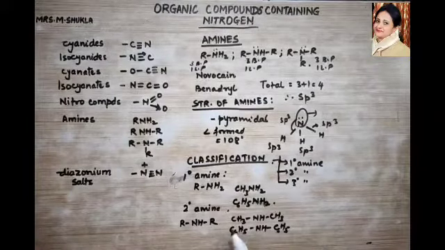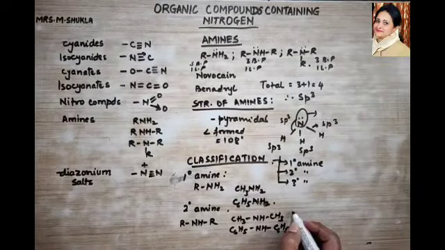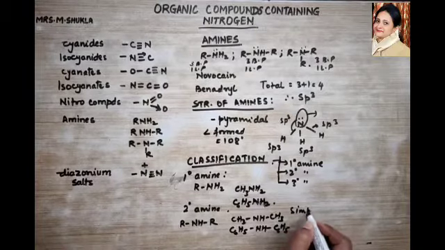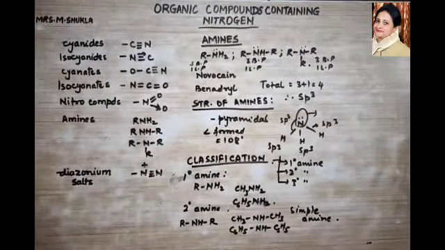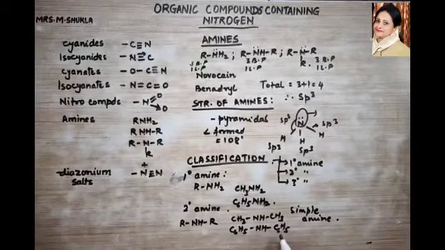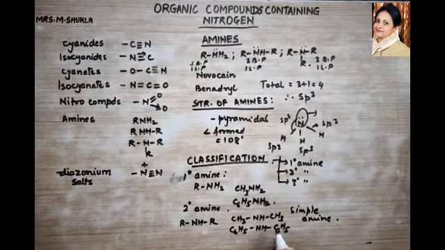Now remember, when both the R's, or both the aryls, are the same group, then it is termed a simple amine. But if one of the R's is different, then it will be termed a mixed amine.